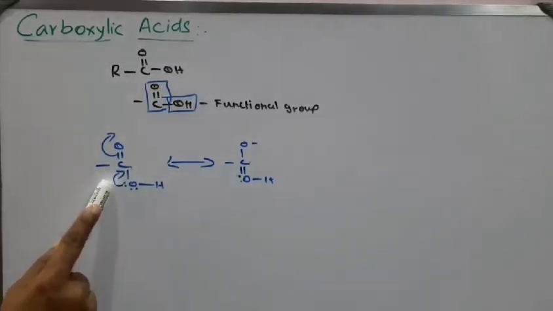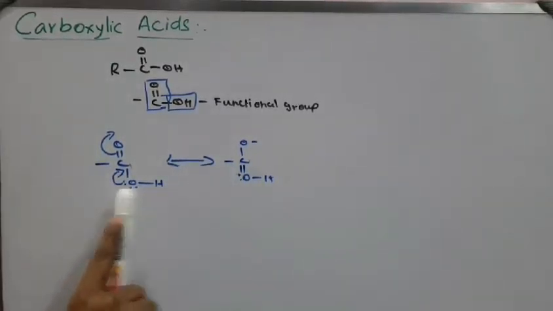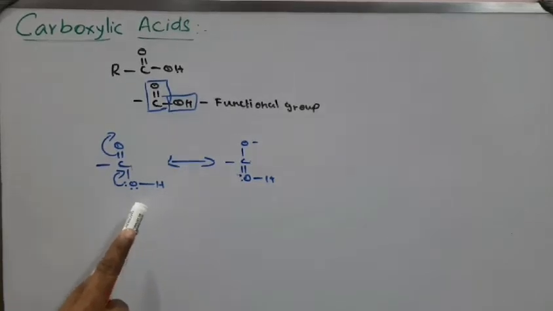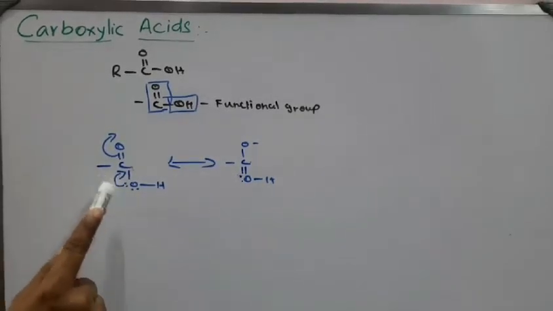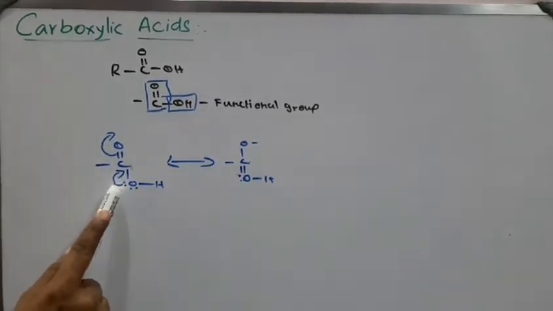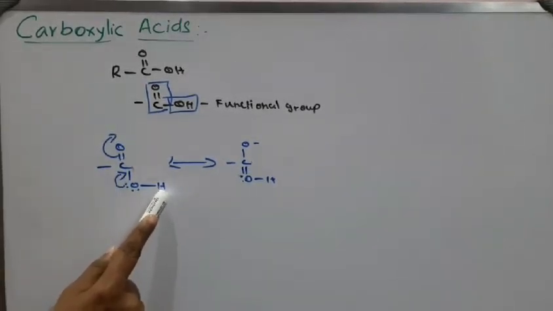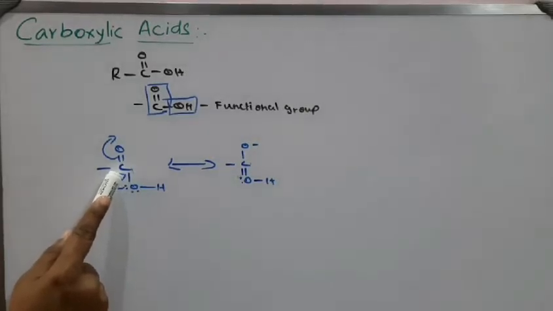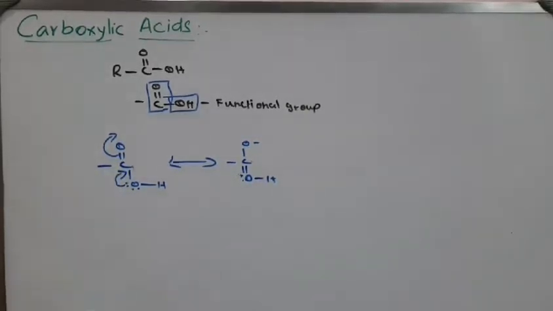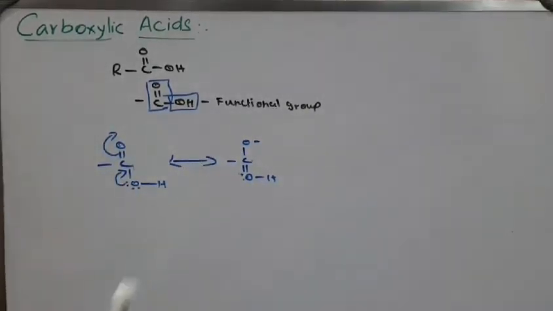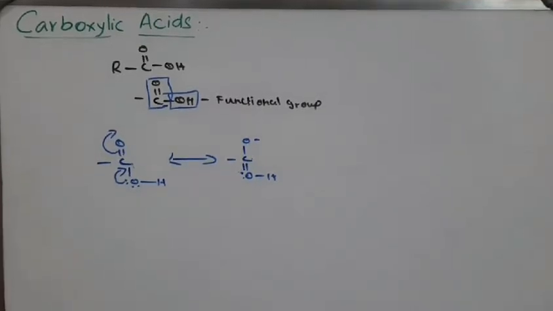This carboxylate ion undergoes resonance, and so it has less electrophilic character. The carbonyl carbon in the carboxylate ion is less electrophilic because it undergoes resonance. So these are the properties of carboxylic acid.